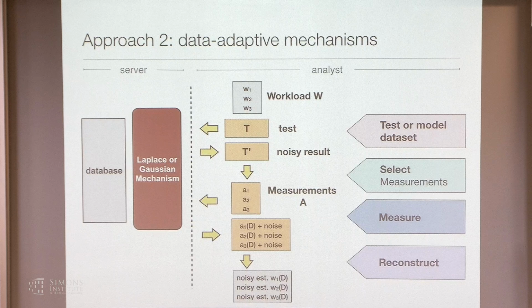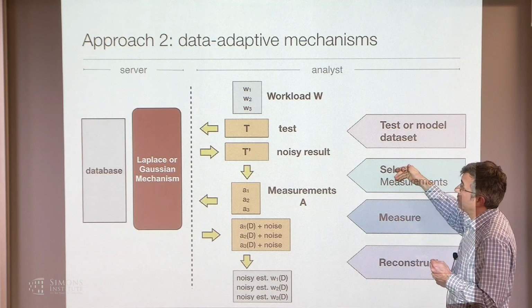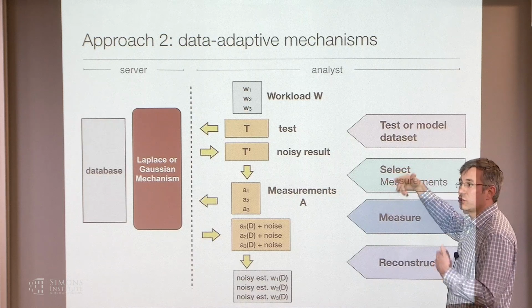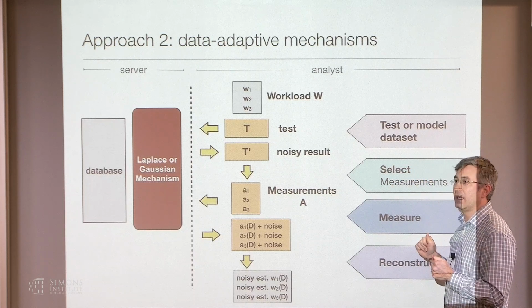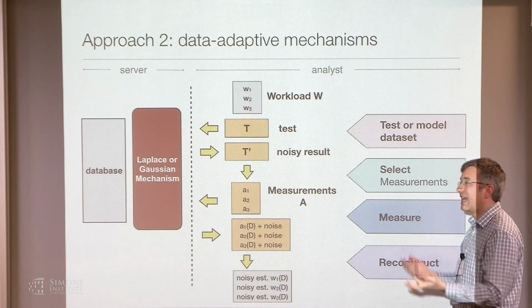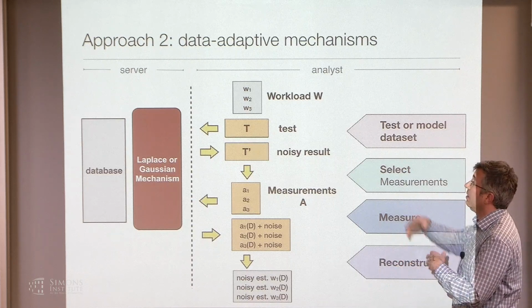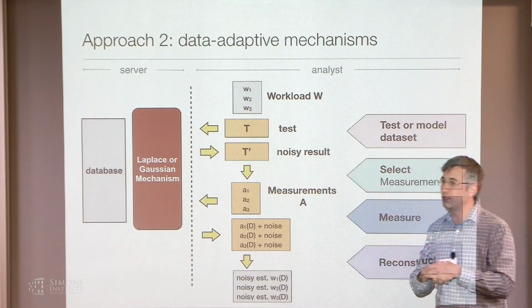Now, the intuition embodied in this class of mechanisms is that there are times or situations where we know that we shouldn't try to measure something. That's a data-dependent thing. If we can detect that, and we might have to do so privately, using some of our privacy budget to detect it, then we shouldn't measure those things.